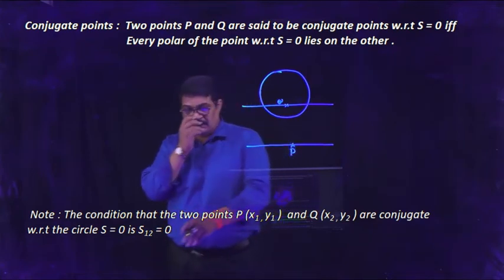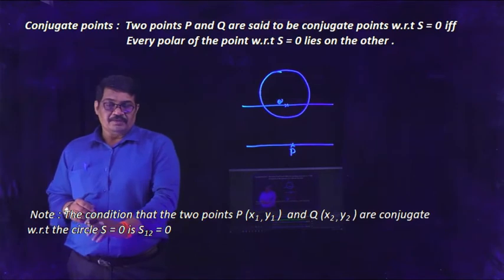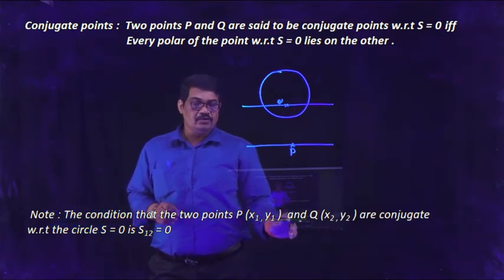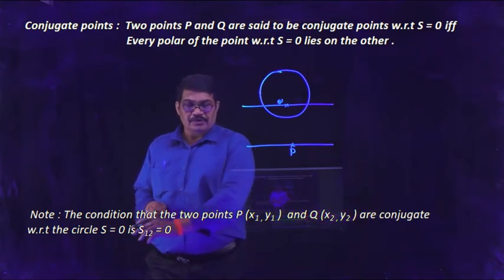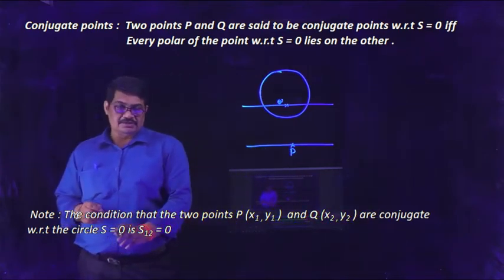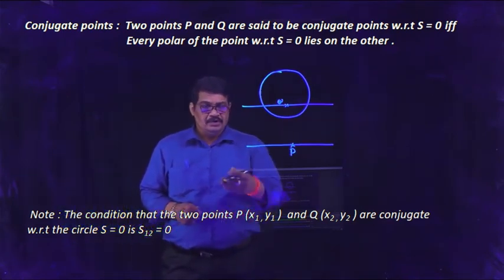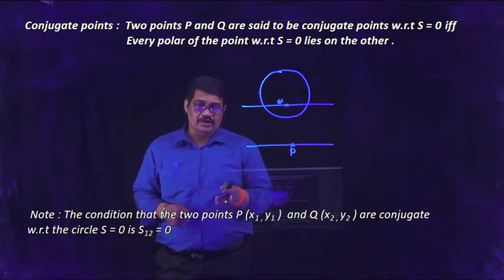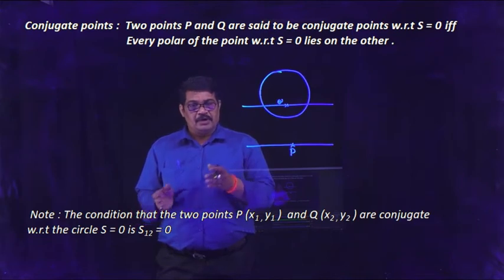Okay, see the next note here. The condition that the two points P of (x1, y1) and Q of (x2, y2) are conjugate points with respect to the circle S is equal to 0 is S12 is equal to 0. In the last note, we observed the polar of P passing through the point Q. Then what is the condition?